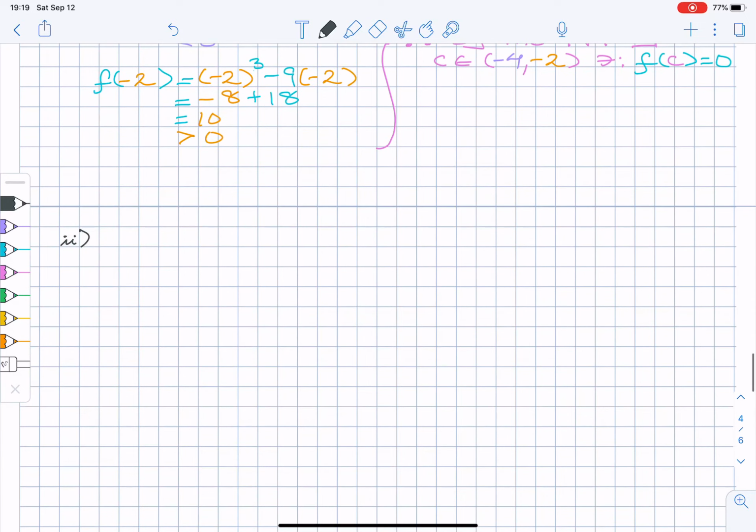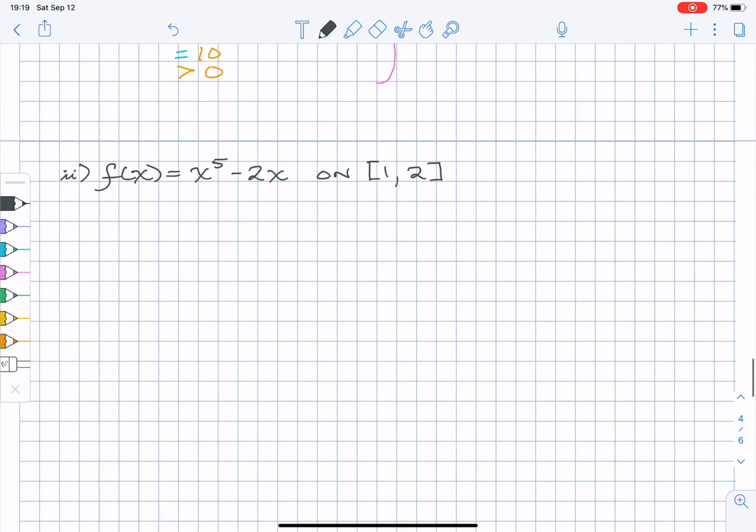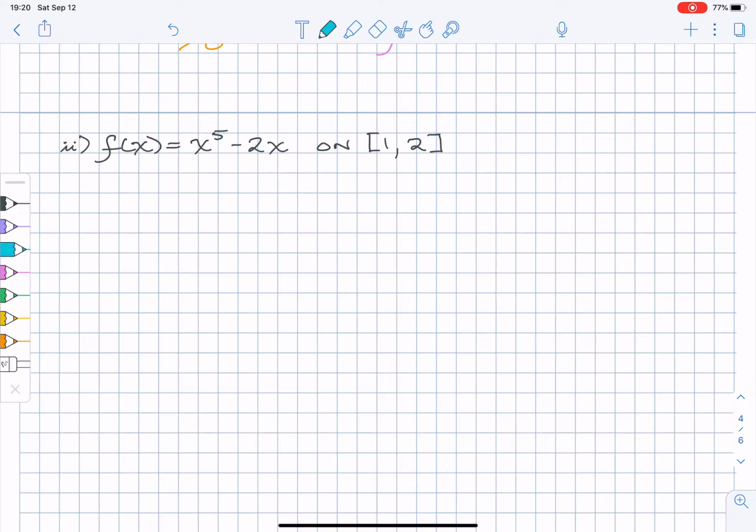So f of x is equal to x to the 5th minus 2x on the interval between 1 and 2. Okay, so we have that f of x is equal to x to the 5th minus 2x.